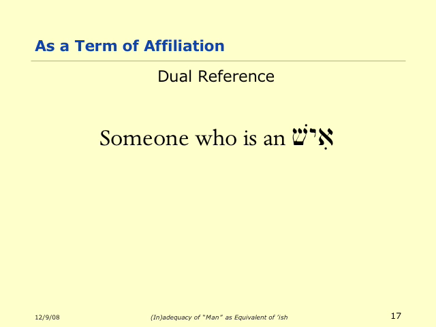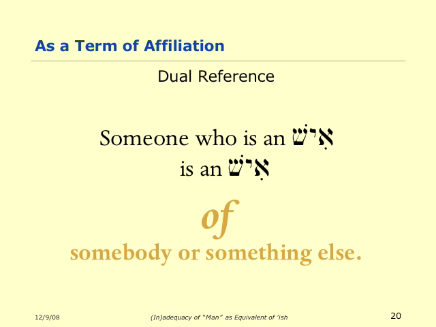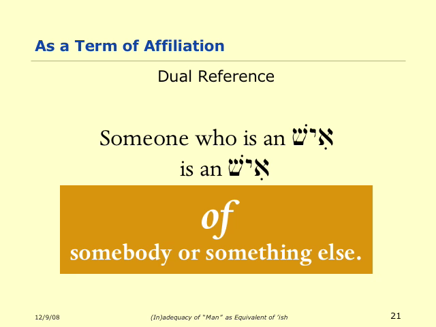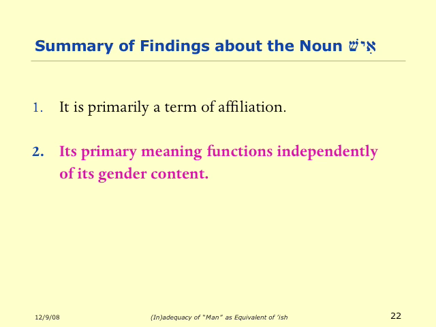Someone who is an ish is almost always, if not always, an ish of somebody or something else. And this seems to be true even if that somebody or something else is only implicit in the text, which is often the case.